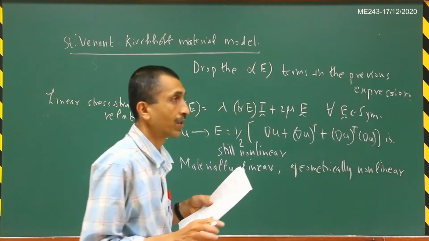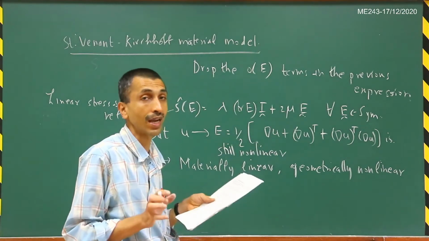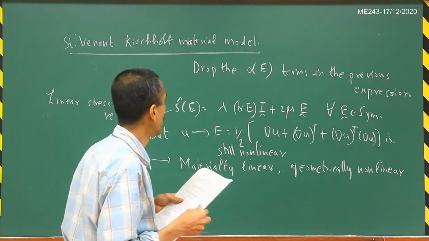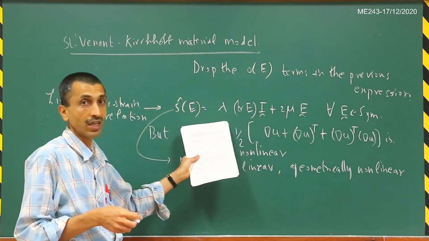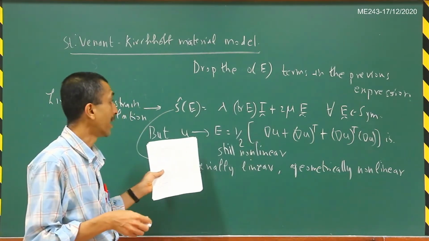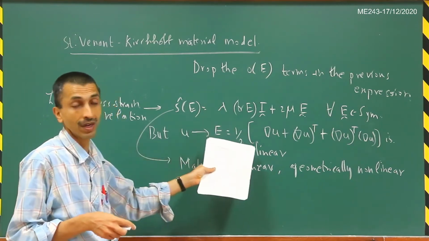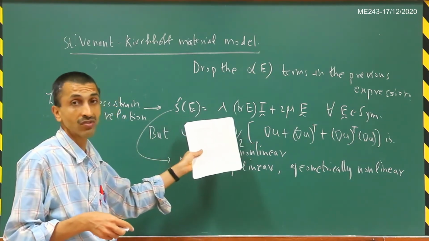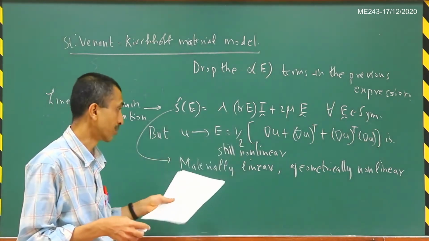Okay, so do not confuse this with linear elasticity. In linear elasticity, the stress strain relation is linear, but the strain displacement relation is also linear, right? So here, the strain displacement relation is non-linear, only the stress strain relation is linear in this particular case.